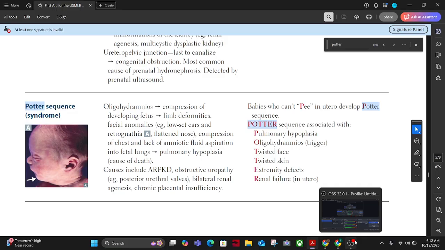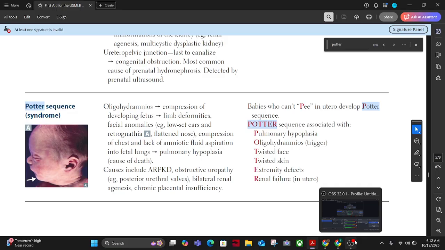Next, valproic acid. Valproic acid decreases the maternal folate level and increases the chance of neural tube defects like myelomeningocele. So you give levetiracetam to women who may become pregnant.